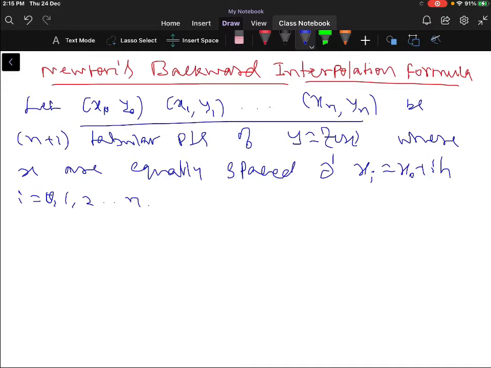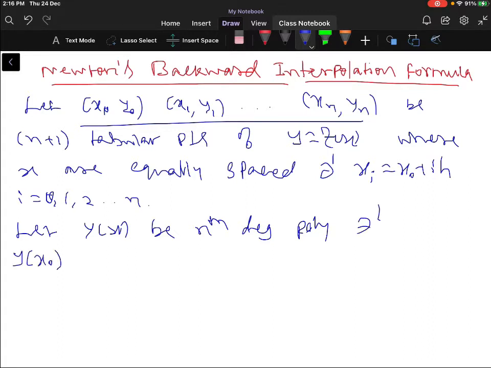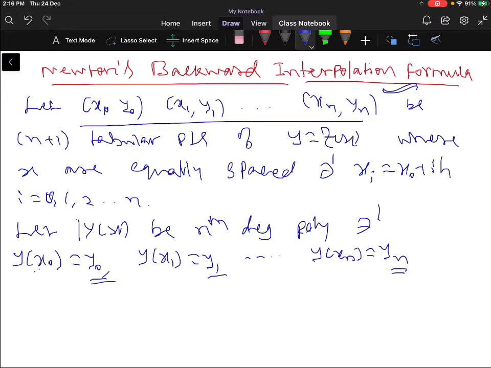Now to construct the interpolating polynomial by using the given data points, that is x0, y0, x1, y1 and so on, xn, yn, let y of x be the nth degree polynomial such that y of x0 is equal to y0, y of x1 is equal to y1 and so on, y of xn is equal to yn, where y0, y1 and so on yn are the points from the given data points.